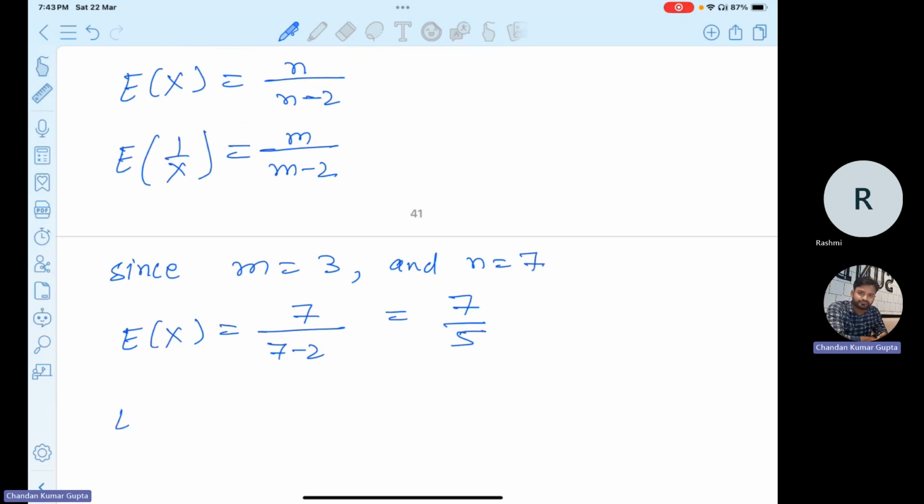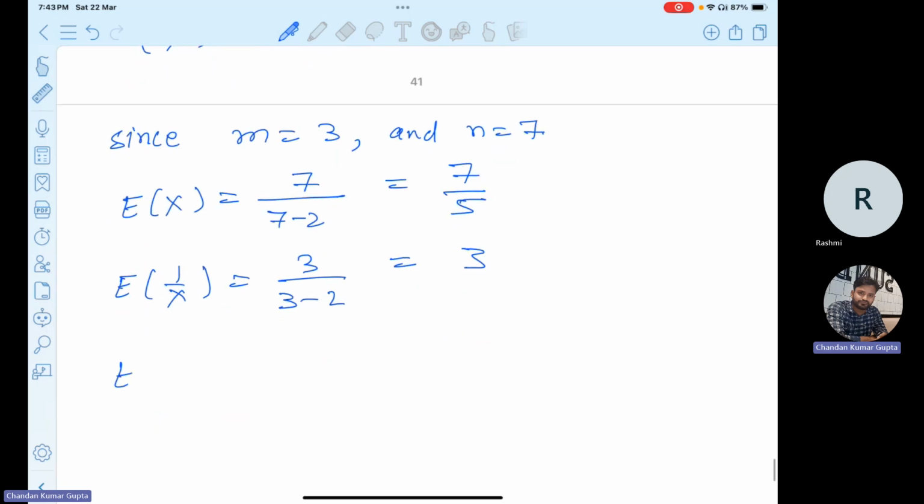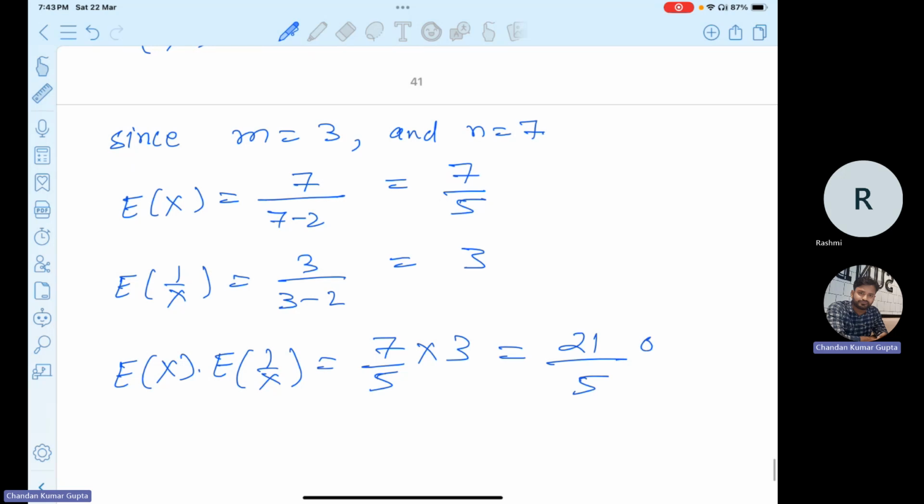And expected value of 1 by x is 3 upon 3 minus 2, that is 3. So expected value of x into expected value of 1 by x is 7 by 5 into 3, which comes out to be 21 by 5, or in decimal format, 4.2. Is it clear?